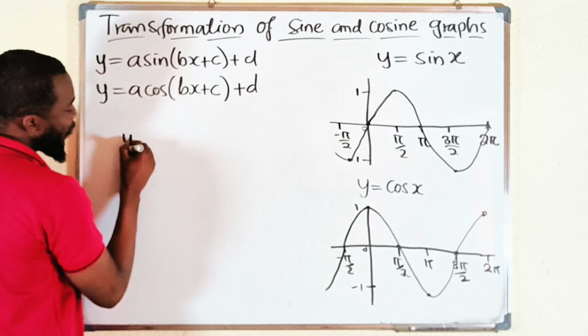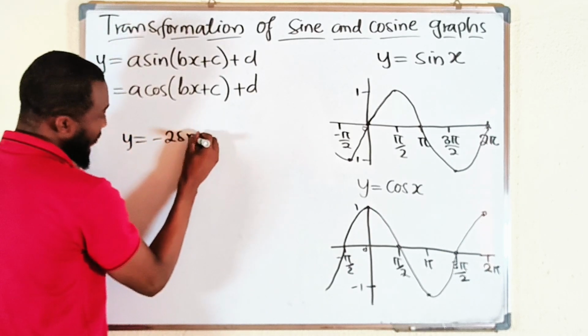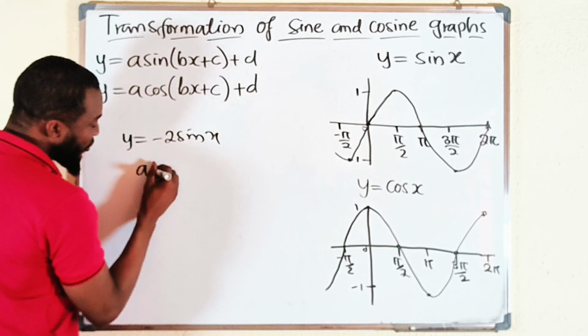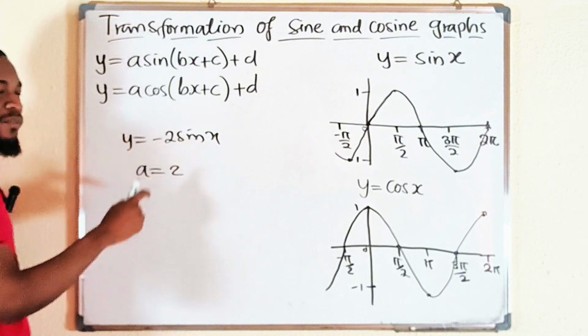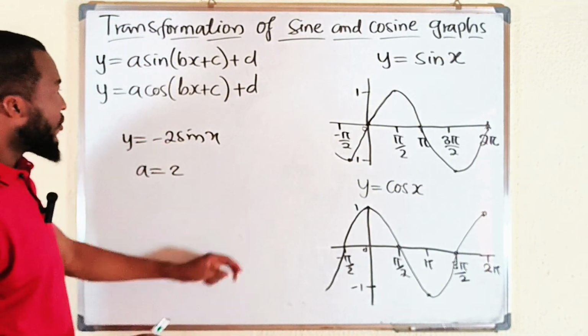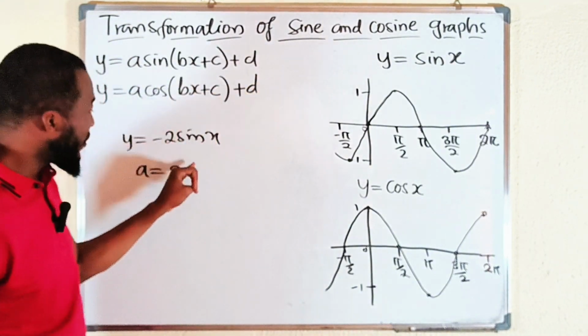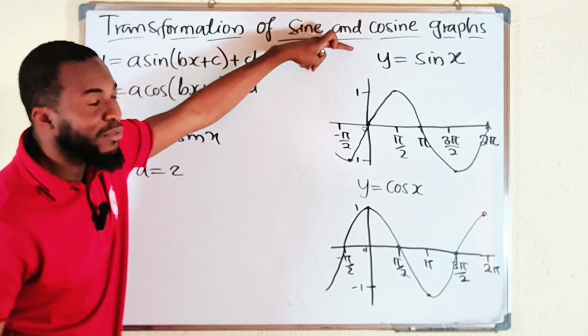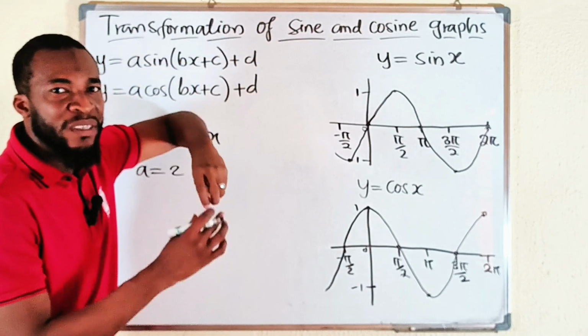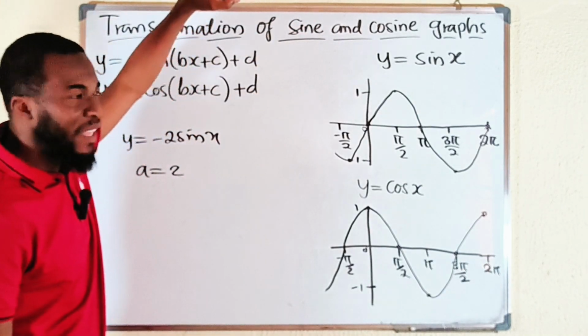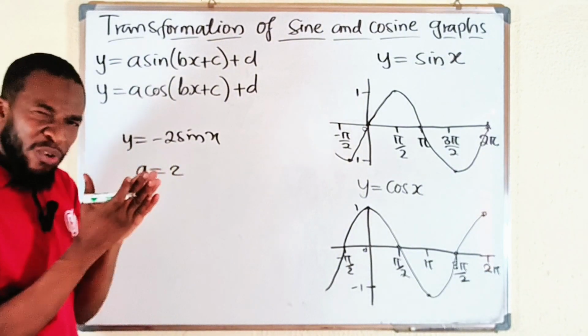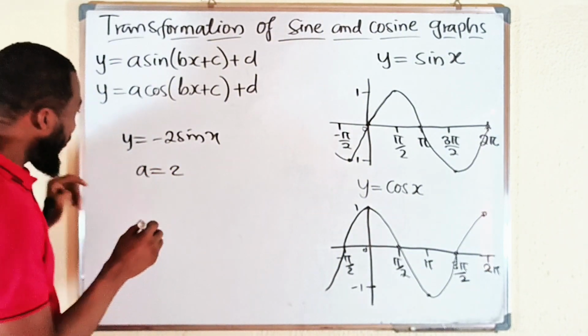For instance, if you have y equals -2 sine x, your amplitude a is equal to 2. Always take the absolute value of that number. So you have to take 1 and multiply it by this 2, so your graph will reach up to 2. So you see it causes a what? Vertical stretch.